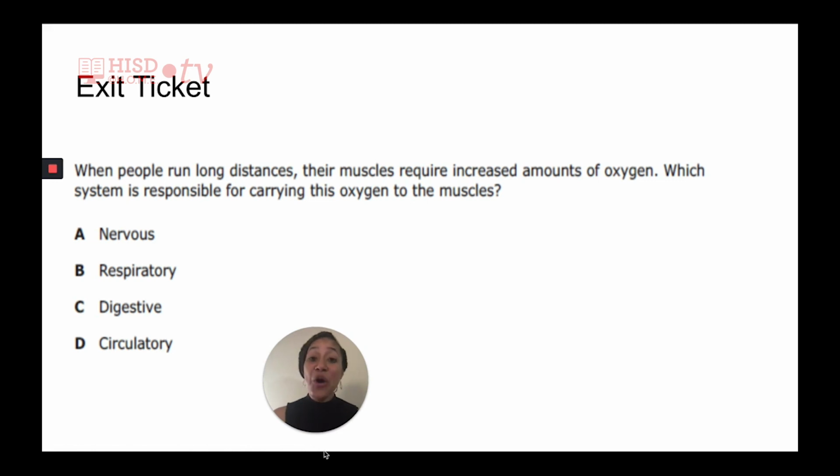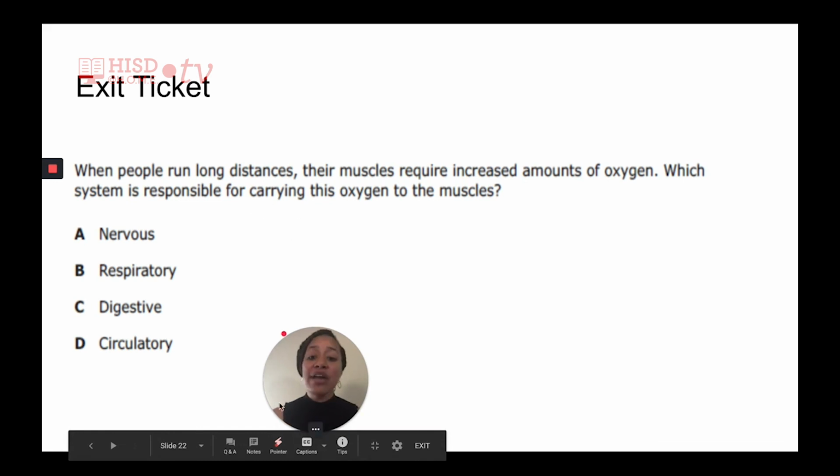All right, so can anyone tell me what's the key word in this question that will help me determine the answer? Or key words. Anybody see a section of this question that's really important and is kind of the giveaway for the answer?